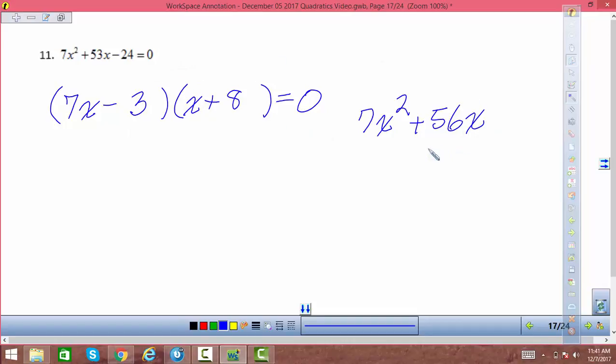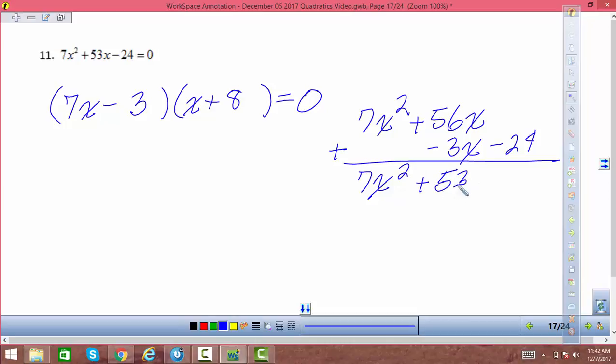Negative 3 times x is negative 3x. Negative 3 times 8 is negative 24. If I add the two rows, I get 7x squared plus 53x minus 24. So I know I've got the correct factorization.